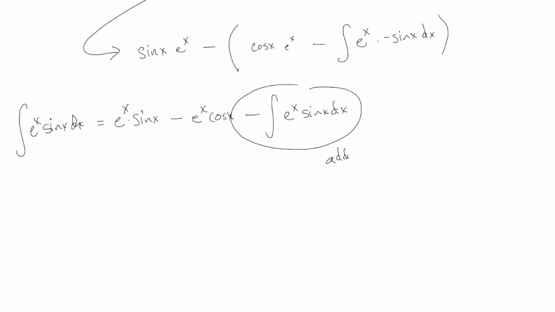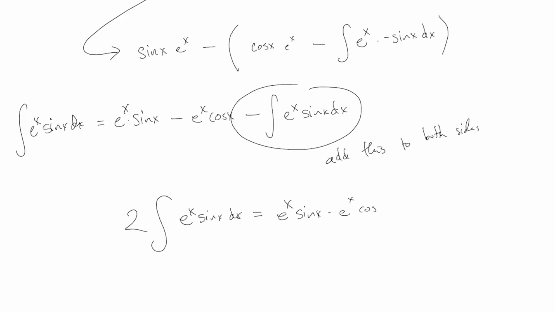So I add this to both sides. Of course, it cancels out on the right side, but on the left side, there are going to be 2 of them now. And so it'll say 2 integral e to the x sine x dx equals e to the x sine x minus e to the x cosine x.